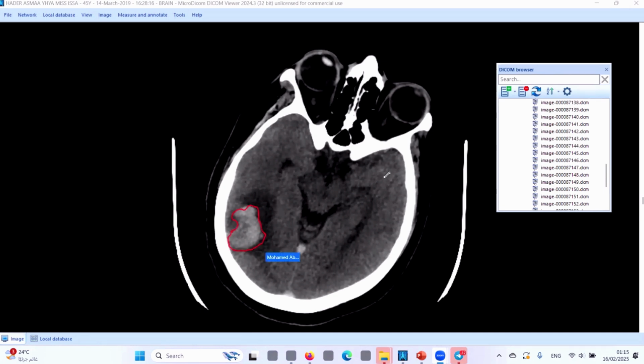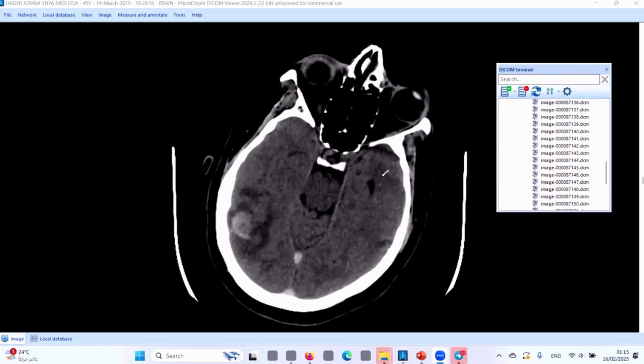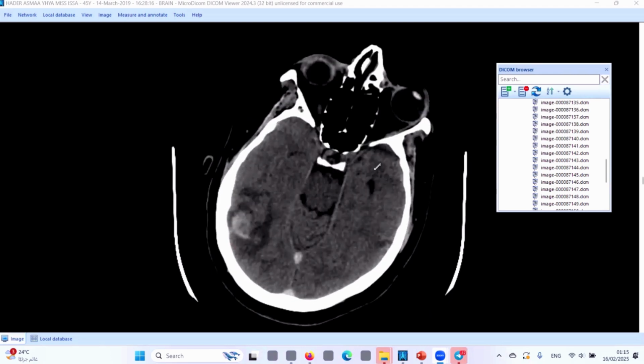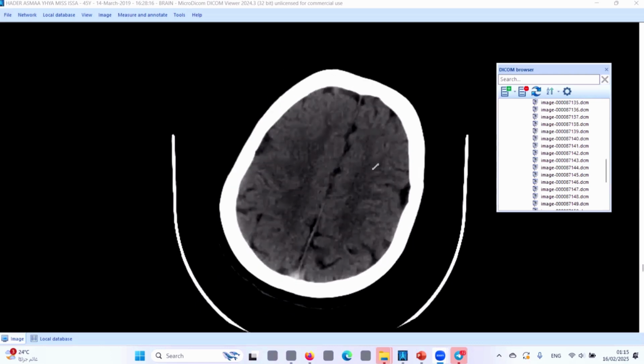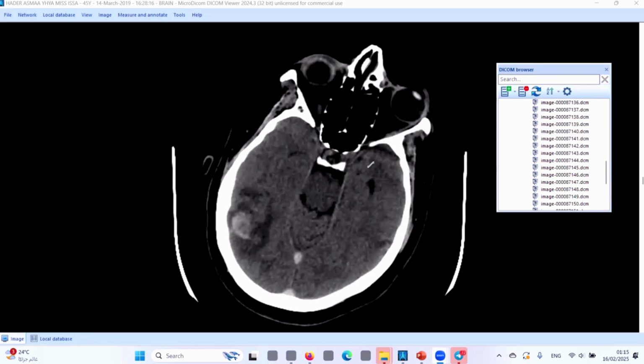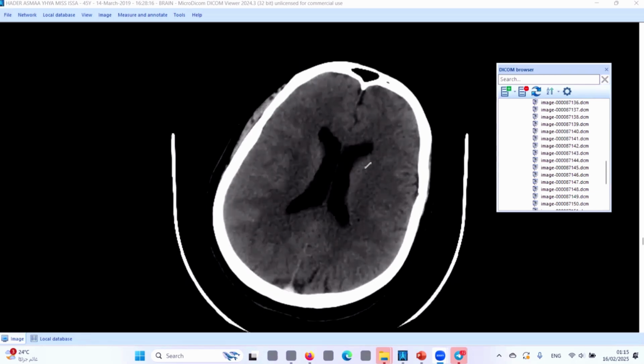This is an irregularly shaped intracerebral hematoma located at the right temporal region. And this hematoma is surrounded by hypodense brain edema. There is no history of trauma for this patient. We will describe in another vignette the different types and causes of intracerebral hematoma.